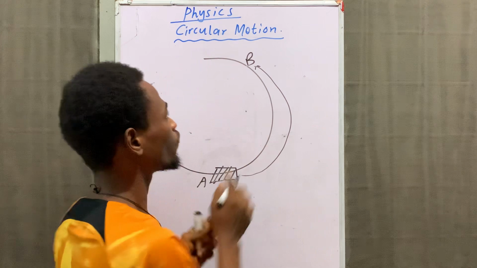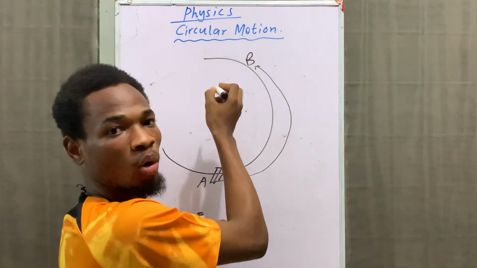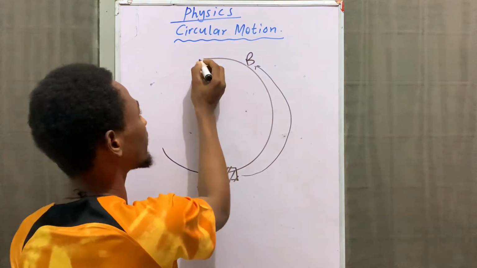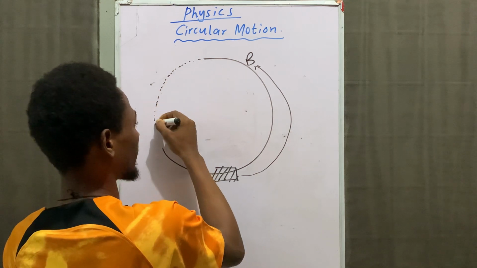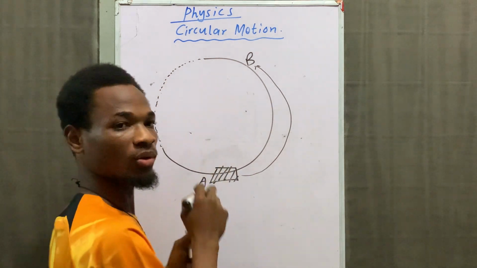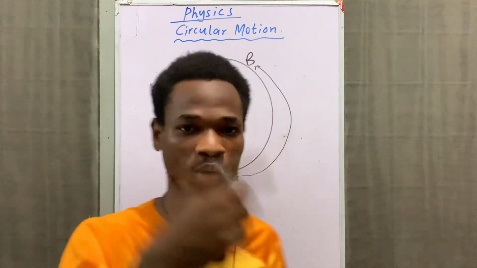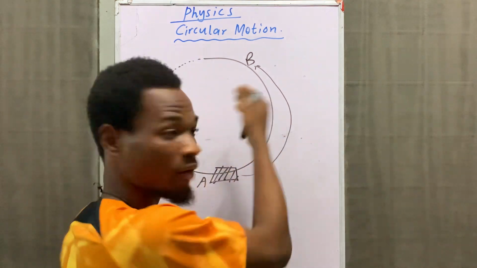Now, by extension, I just want to complete the arc with a dotted line. So I have something like this. I have formed a circle out of the arc or the curved path.